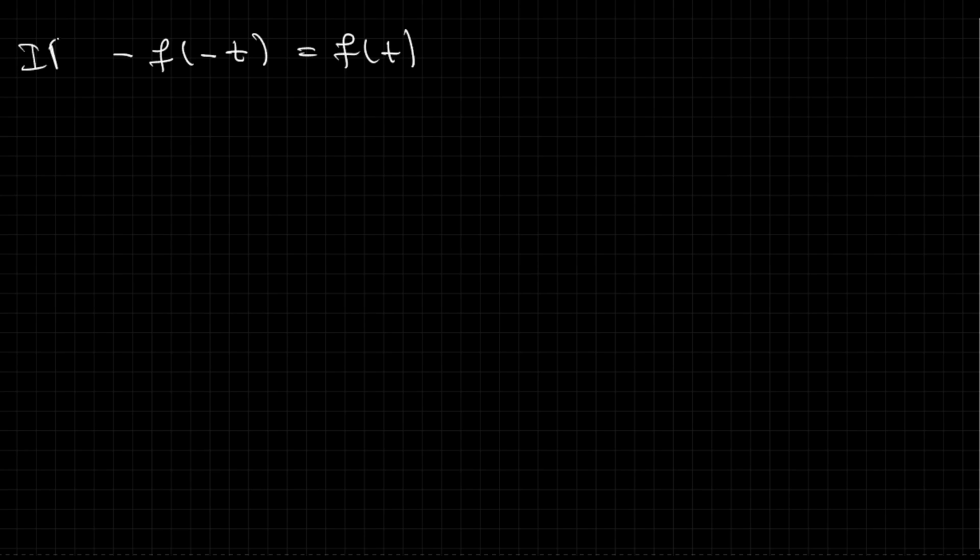So if this is true, negative f of minus t equals f of t, or what's also written very frequently, you multiply both sides by a negative and you end up seeing that f of minus t is negative f of t.